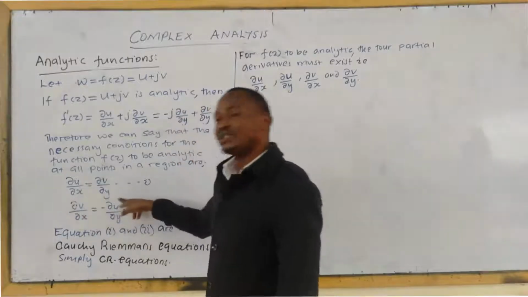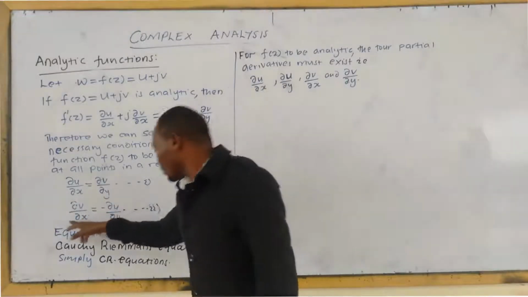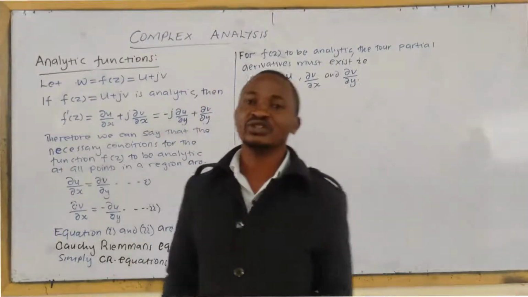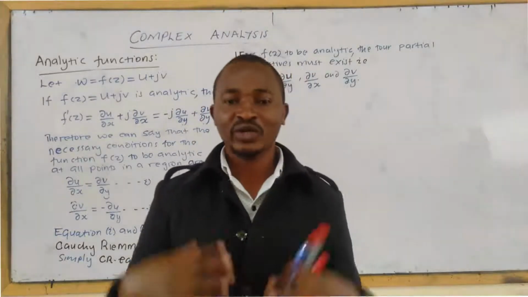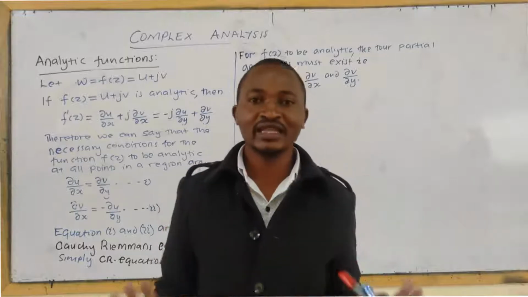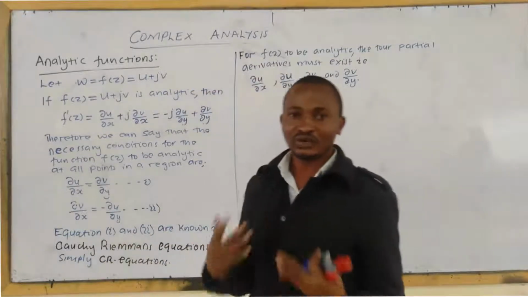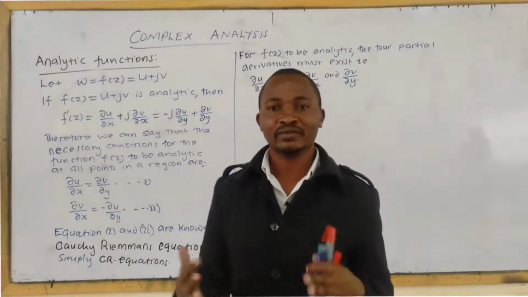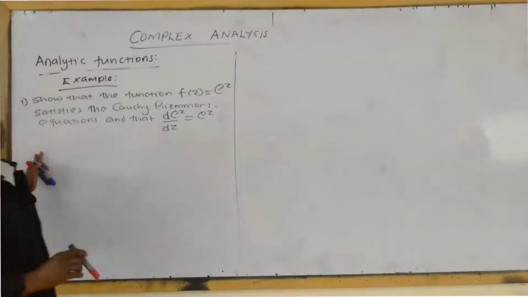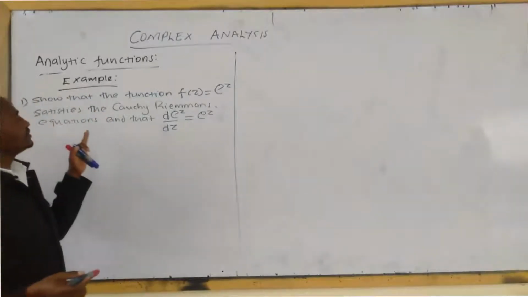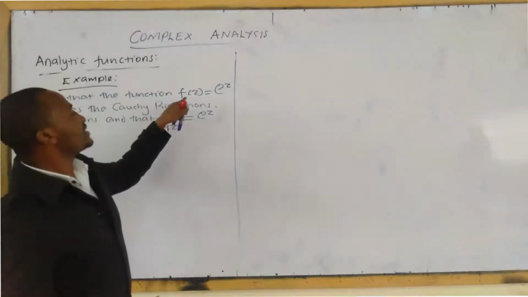If these partial derivatives are equal and also these partial derivatives are equal, then that function will be analytic. We are going to start by trying 3 examples from textbooks, and then after that we'll try a few examples from the national examination.